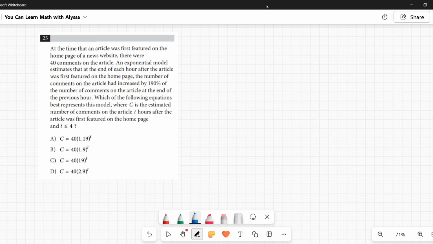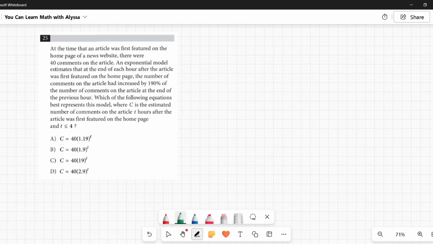Whew. Man, do they love these long, lengthy verbiage word problems where your eyes just kind of glaze over. Now, they're asking for an equation. And also when it says, which of the following equations best represents this model? A lot of times, not always, when it says best represents, it means that you need to be careful because more than one of them could apply.